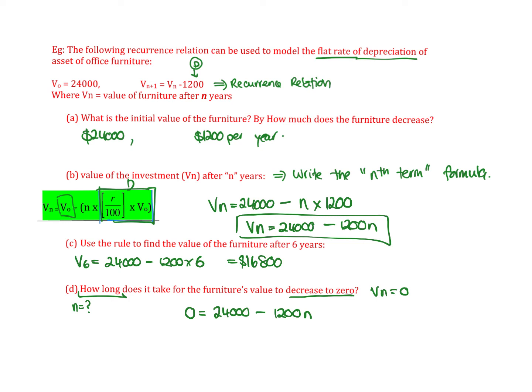When we have an equation with just one unknown, what can we do? Solve. Good. So we solve for n and find out how many years it takes to get to 0. So n equals 20, so we'll say 20 years.